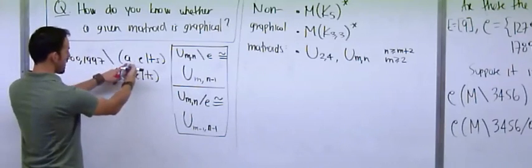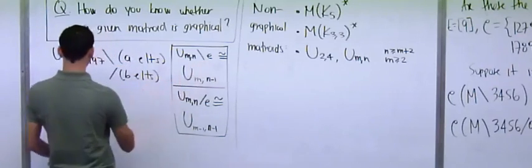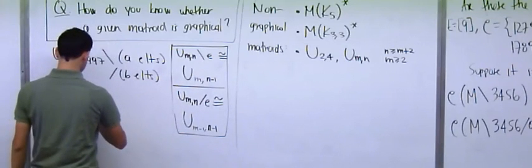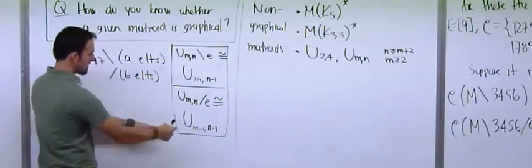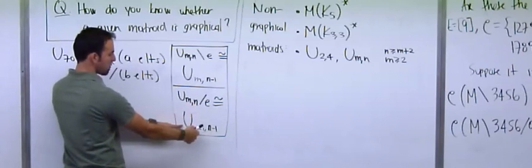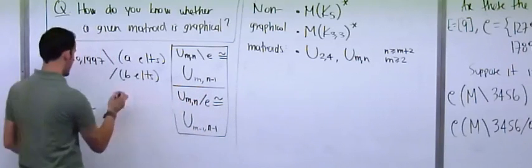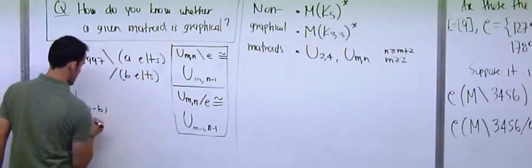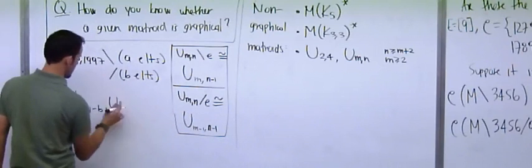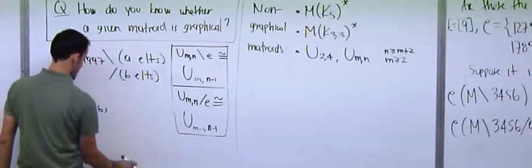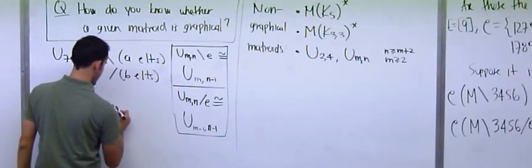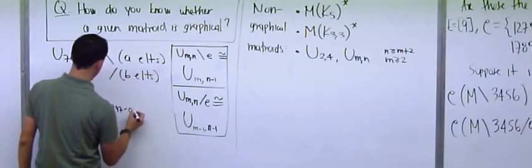So the ones that I deleted, how many times did this guy go down from m to n minus 1? The number of times I contracted, B. And how many times did this guy go down? A plus B. A minus B.